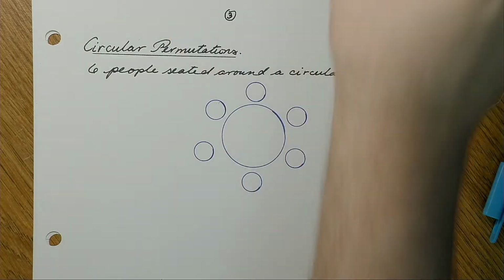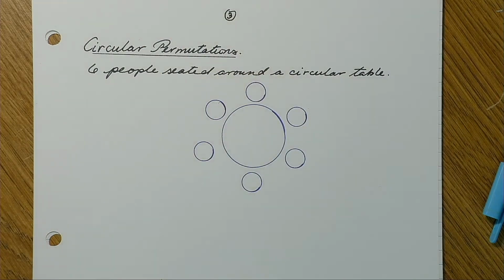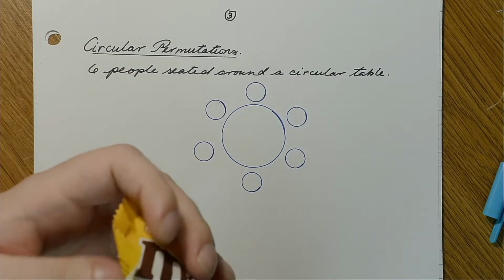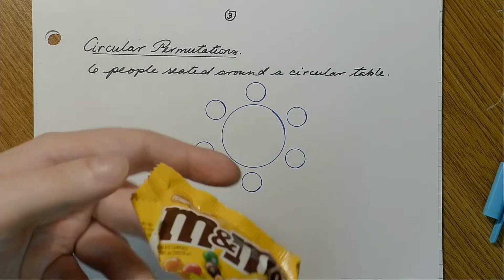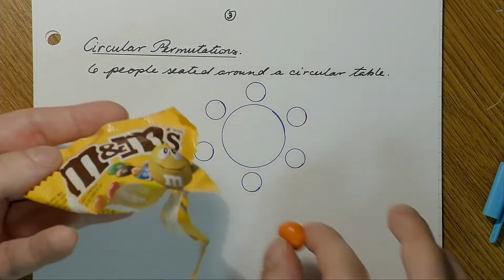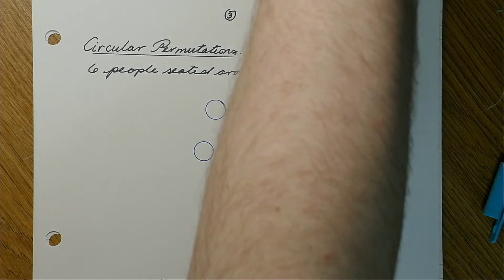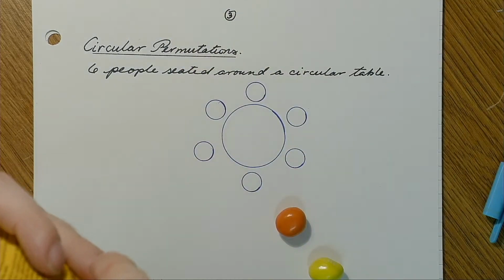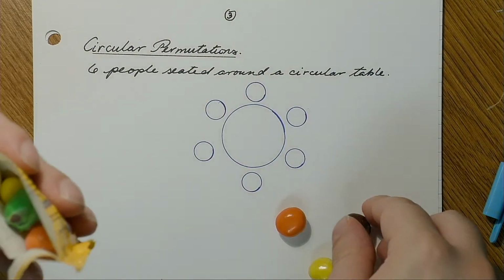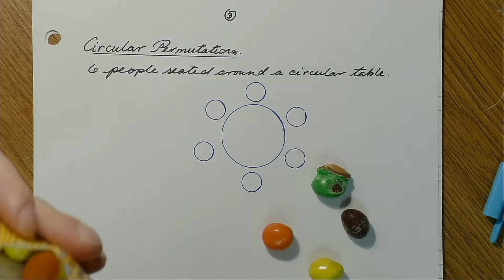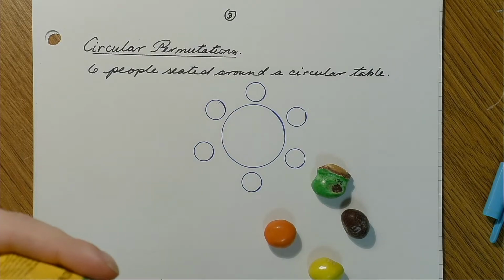That did not work out as planned. Let's see. Okay. So there's an orange, there's a yellow. That's not very helpful. I thought they would give me different colors. Here's a brown one. A very malformed green one.